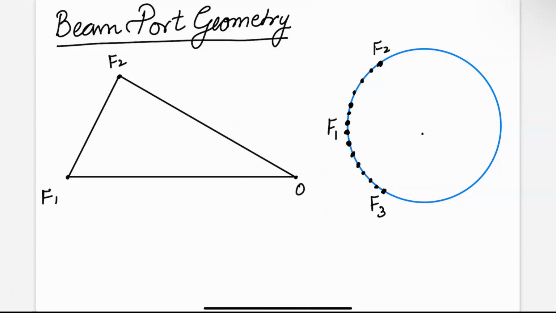And let's say my center is somewhere here. I'll call this point C. Which means that this length is, let's say, rho naught, just some length. And this length is also rho naught.